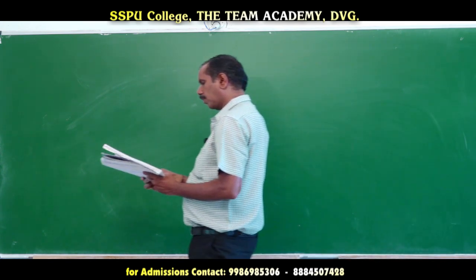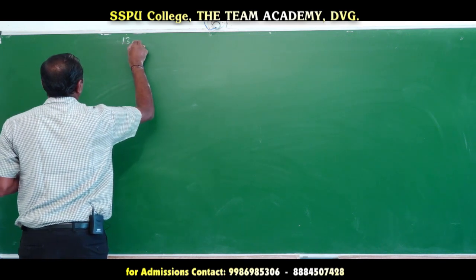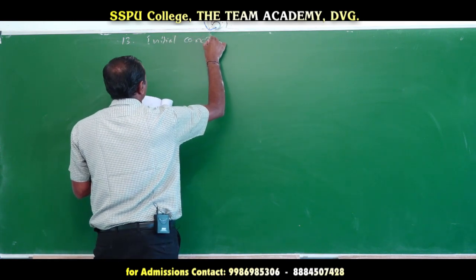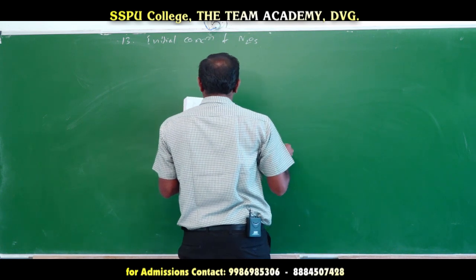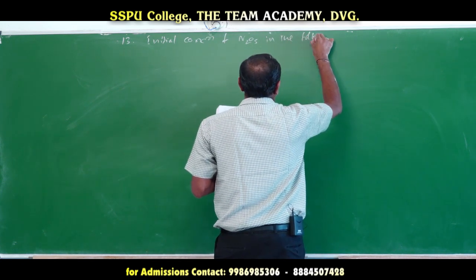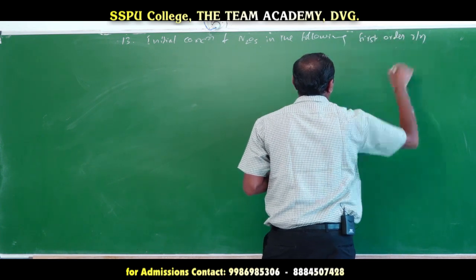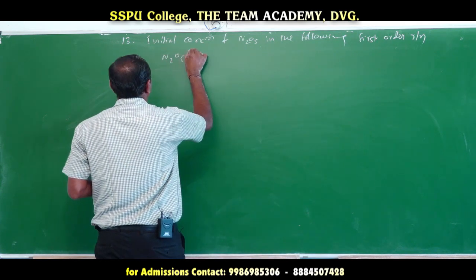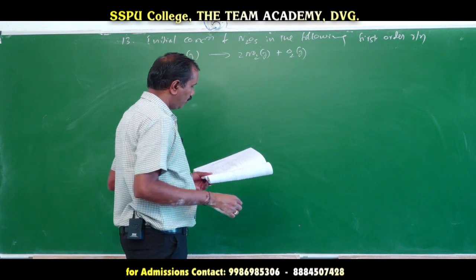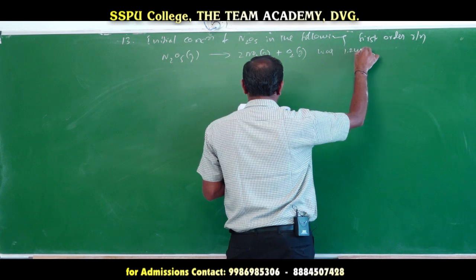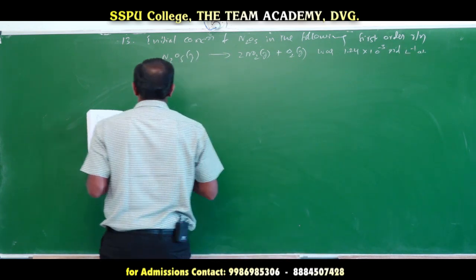13th problem. The initial concentration of N2O5 in the following first order reaction, N2O5 gas becomes 2NO2 gas plus O2 gas, was 1.24 into 10 to the power of minus 3 mole per liter at 318 Kelvin.